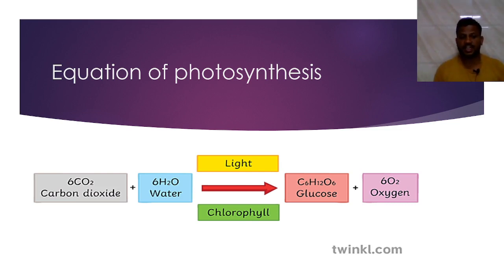We can see in the equation here the carbon dioxide. The molecular formula of carbon dioxide is CO2. If plants want to prepare their own food, they need 6CO2 and 6H2O, that is the molecular formula of water. They combine with each other in the leaves. Carbon dioxide is absorbed through the leaves and water is absorbed by the roots, and they come to the leaves in the sunlight, and in the presence of chlorophyll they prepare the food.